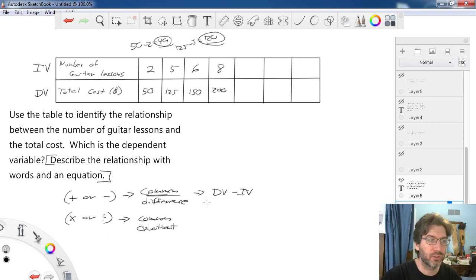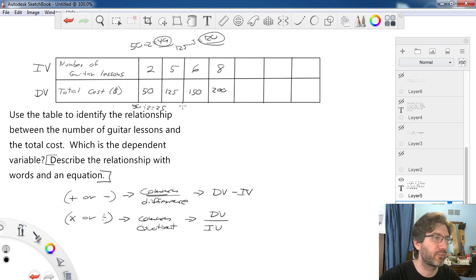It's a common quotient. So in this case, you're going to take your dependent variable and divide it by your independent variable. And what do you get here? If you take 50 and divide it by 2, you're going to get 25. So our dependent variable, 50, divided by 2, gives you 25.